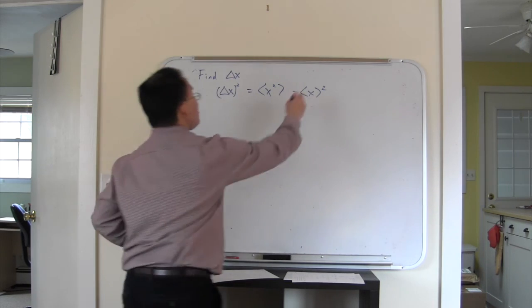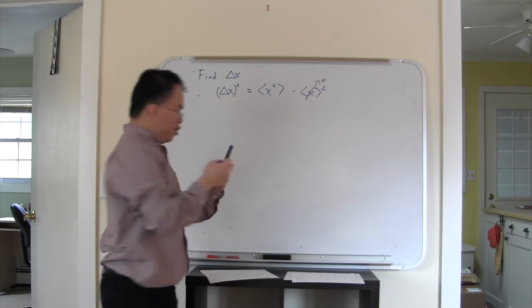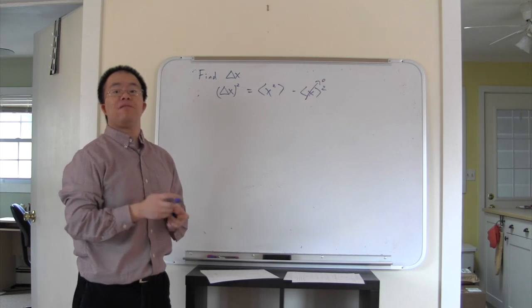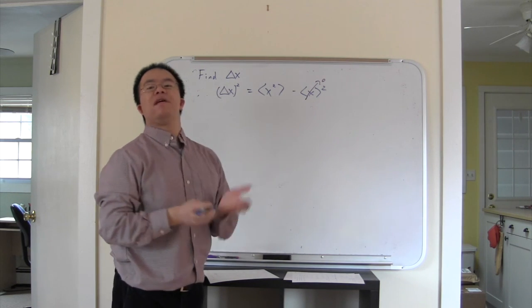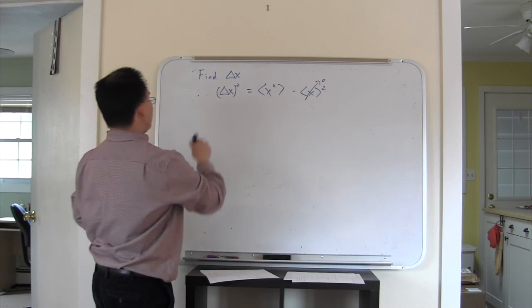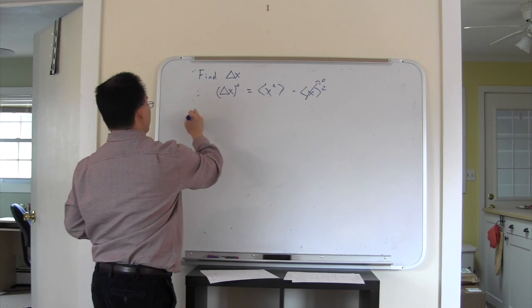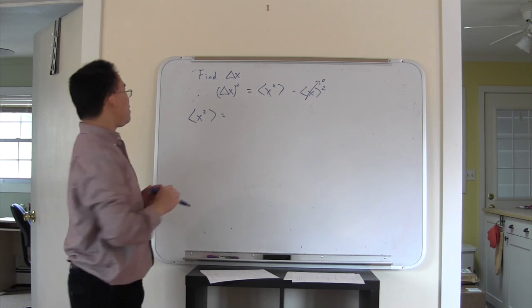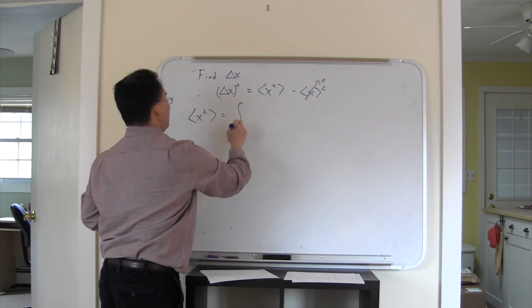We just argued that this vanishes, so it suffices to calculate the expectation value of x squared. I think you might be catching on to how this game gets played. So once again, we have this.